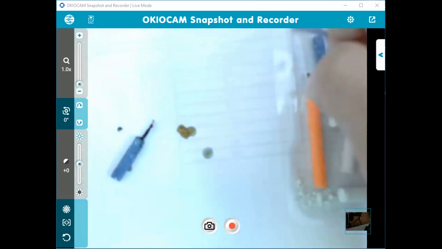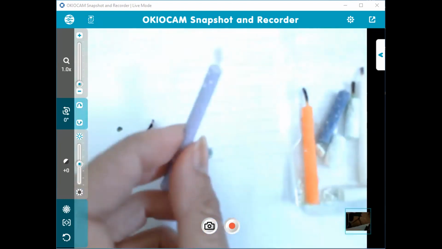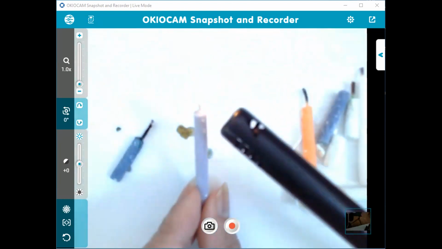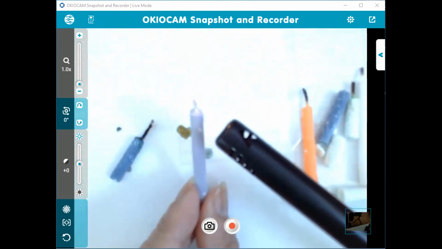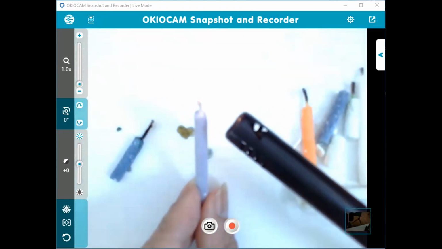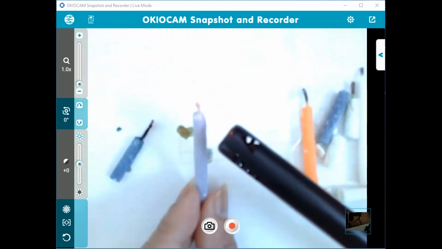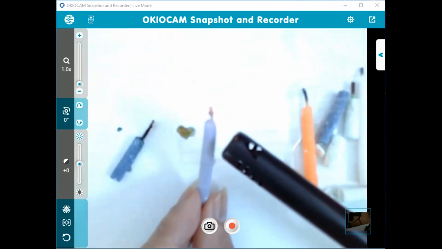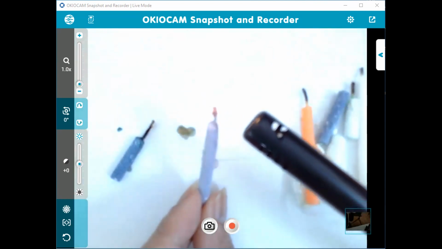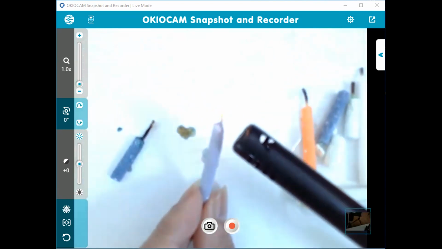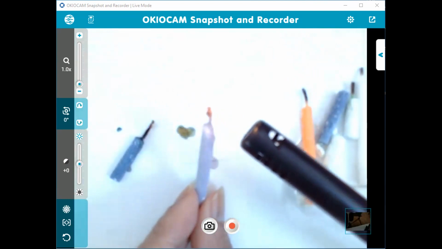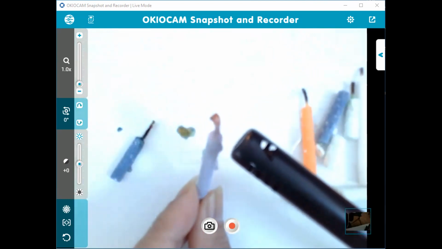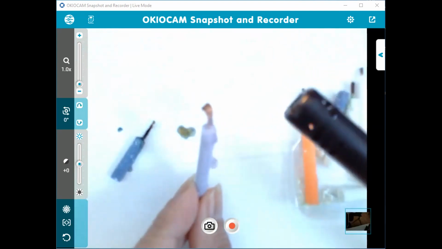Let's try this purple one, though. Here's a purple candle, and I'm going to light it. You guys will soon see why, though I'm doing this at home, I also recorded this at SMC at lab so that experiment actually worked.